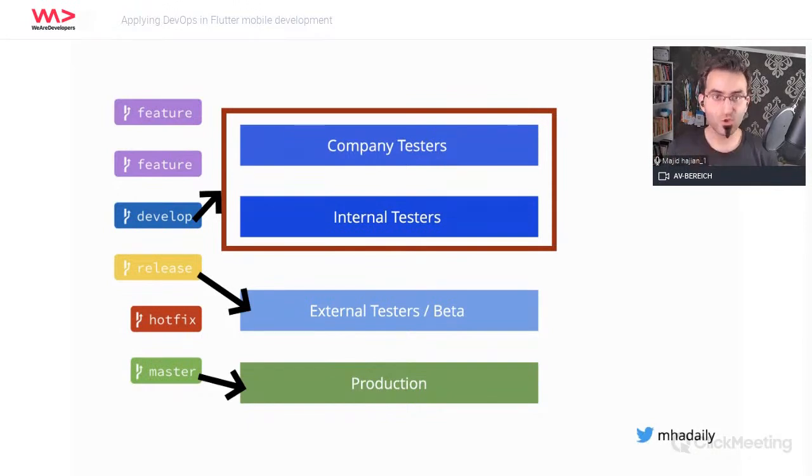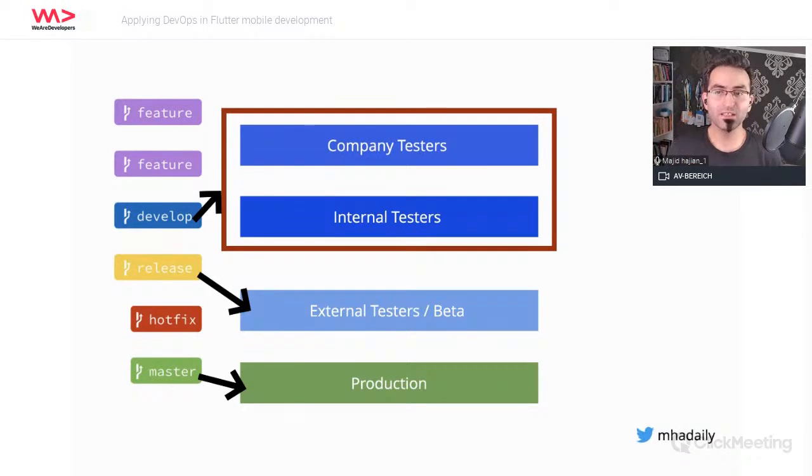So you may want to ship it to external testers, like the ones using beta, some high-level testers, and they can play around. If there's no problem, then you can merge it with master. And once you merge with master, the CI/CD is working, and then you deploy to production, right? So this is the way we can map this branching system with our testers.